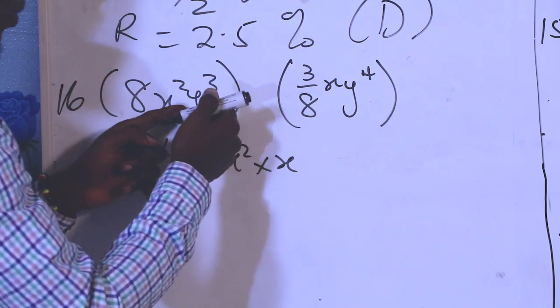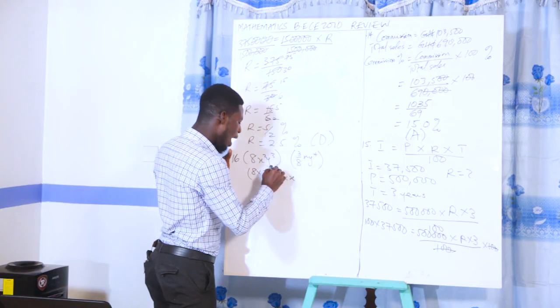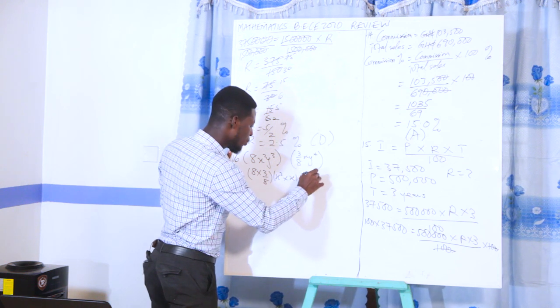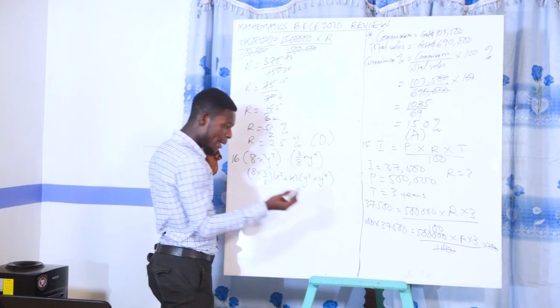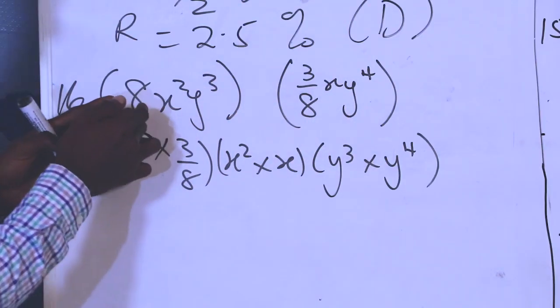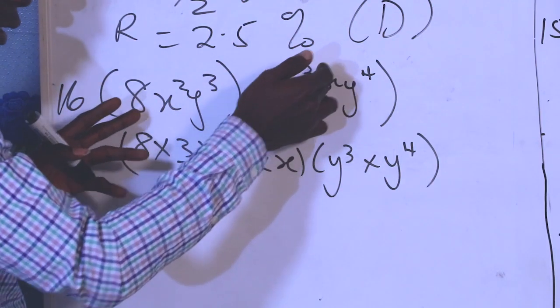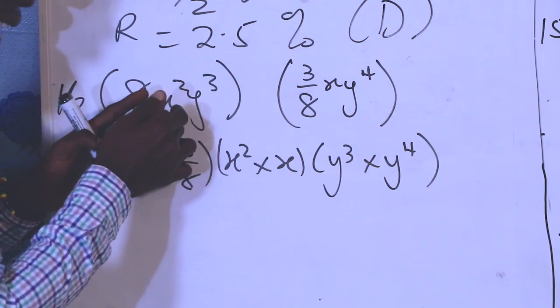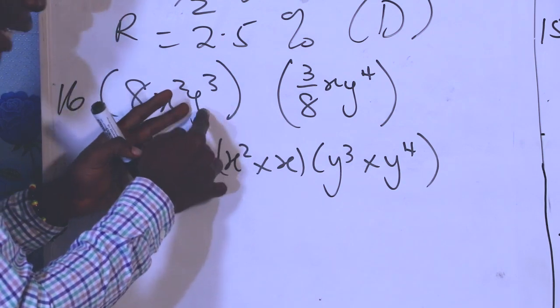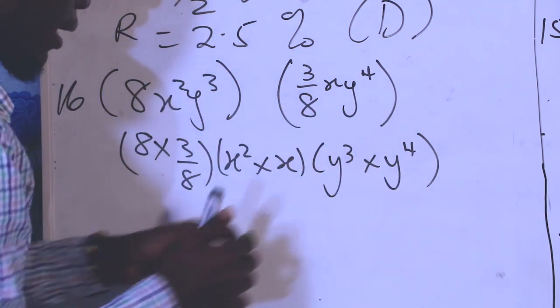And then what do we have again? Y cubed times y raised to the power 4. Remember, I said each term is multiplying the same term. So there's a whole number, there's a fraction, so they multiply. There's the x term, they multiply according to this. There's the y term, they also multiply.